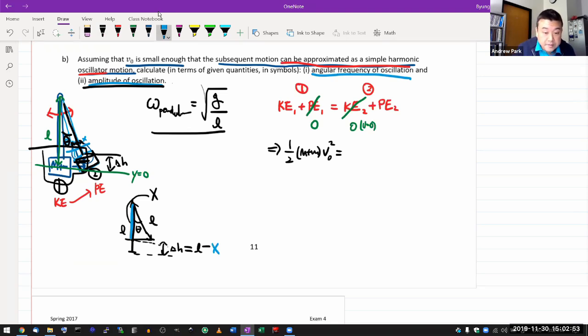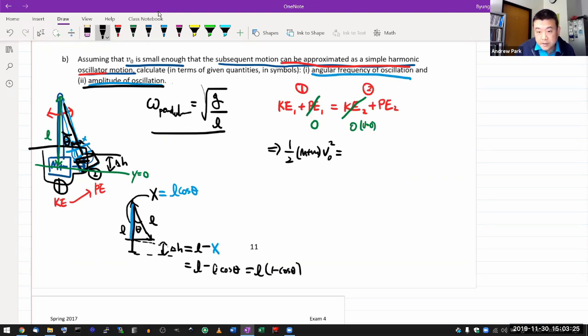From this right triangle, you see that capital X is L cosine theta. So put that in here: L minus L cosine theta, or L times 1 minus cosine theta.